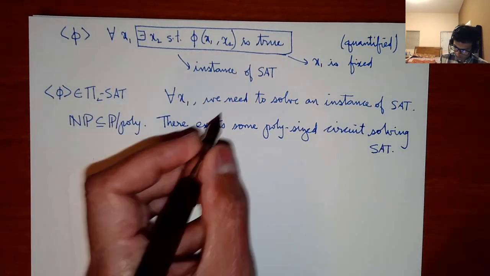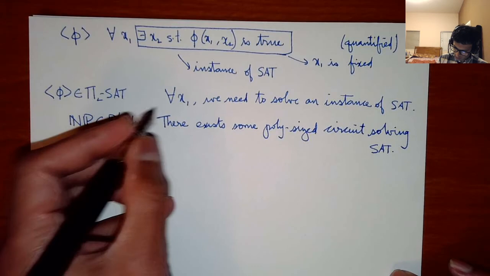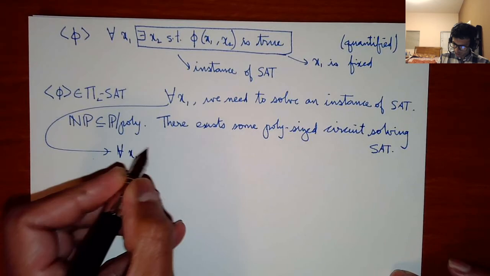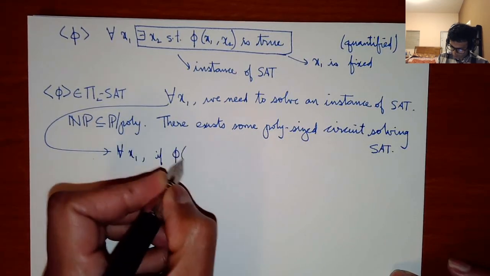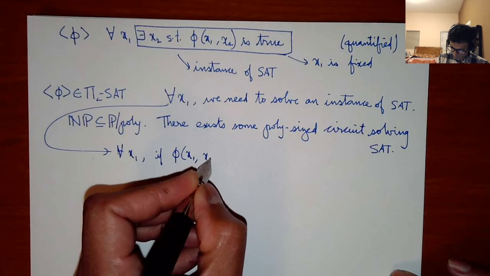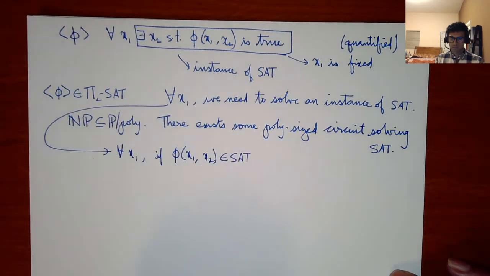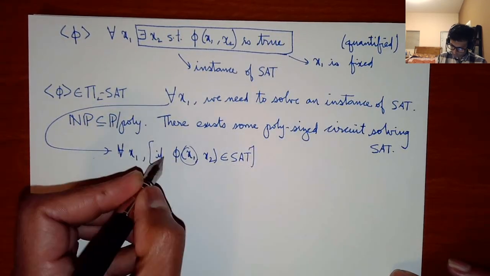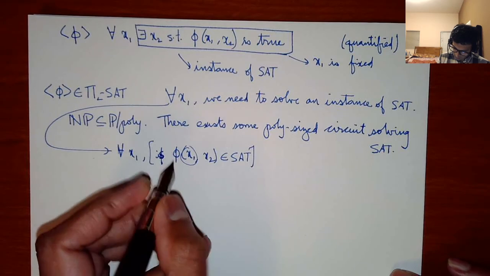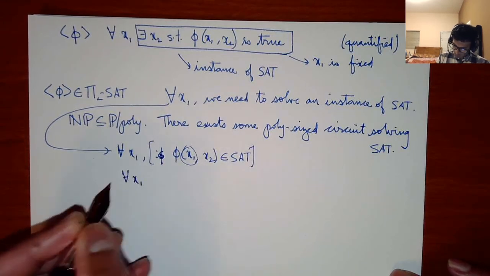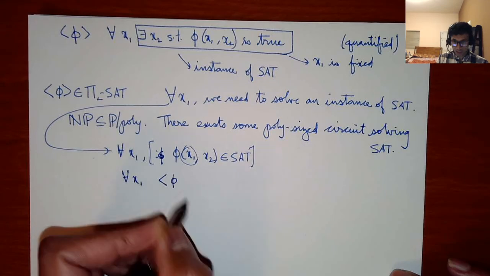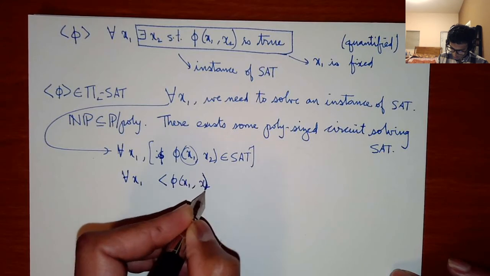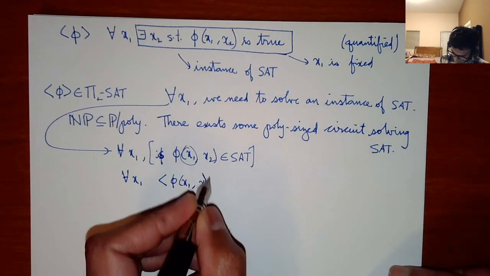So what I mean by that is, in this case, for all x1, we need to see if phi x1 x2 is in SAT. Remember, the x1 has been fixed, is quantified. So for all x1, we need to check that the encoding of phi x1, and I'll just call it x, is in SAT.